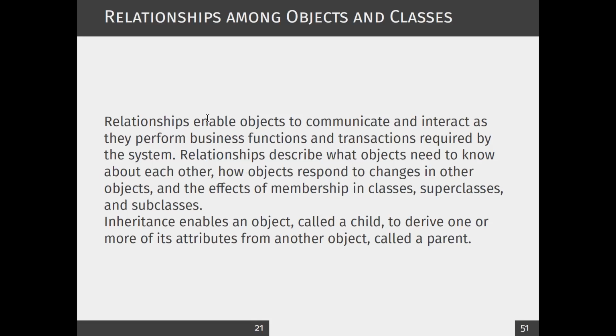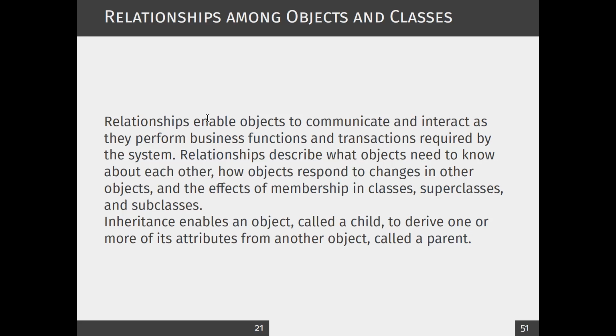Right. Now, when you say relationship, it could be that objects need to know about each other, and how an object responds to changes in other objects, right? It also affects the membership in classes, superclasses, and subclasses.